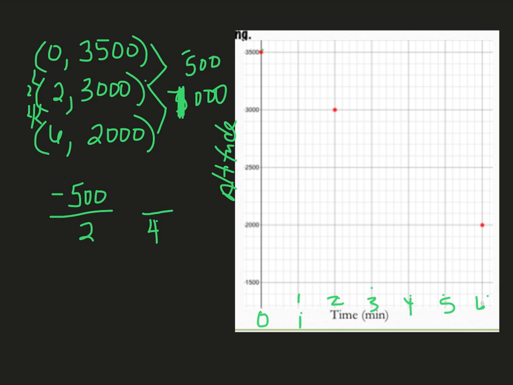That change was from 3,000 to 2,000, which is a drop of 1,000. So he dropped 500 feet in 2 minutes, and by 4, as the time changed by 2 minutes, he had dropped 500 feet. When it changed by 4 minutes, he was down 1,000.